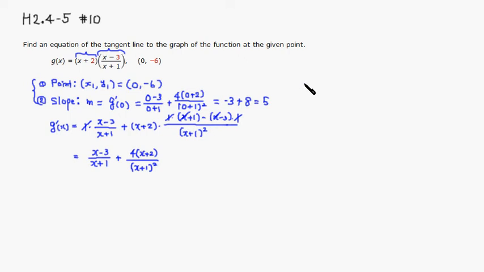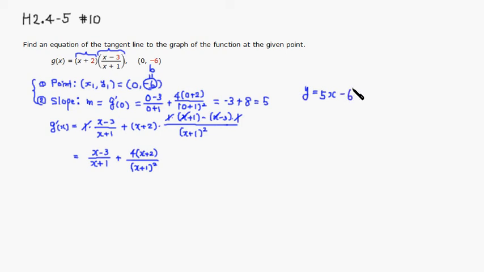All right, so by point slope form, we can have the equation. Actually, since this is a y-intercept right here, we can use the slope-intercept form, which is y equals m, which is 5, x plus b. b is negative 6.